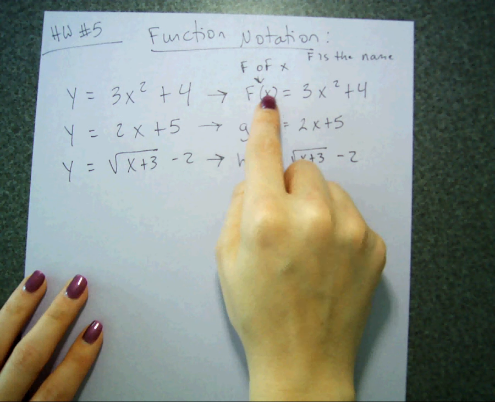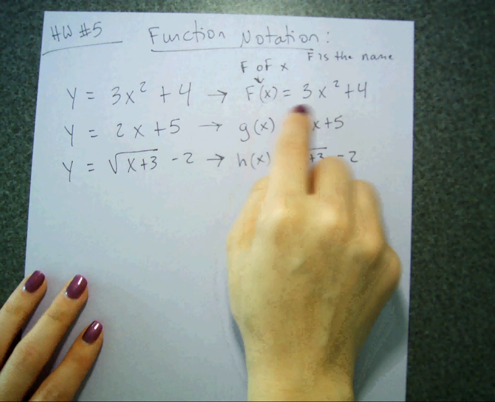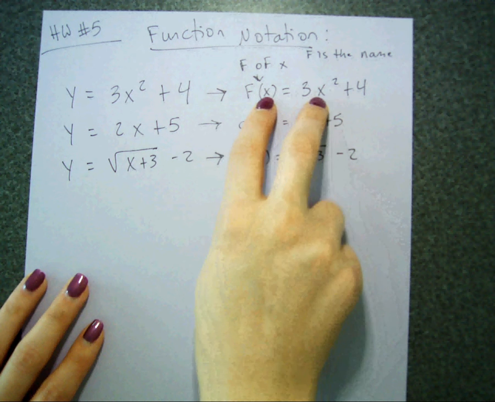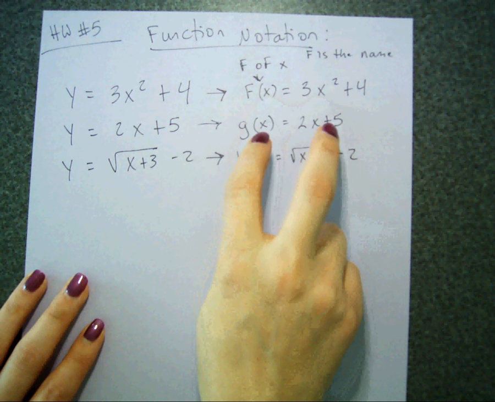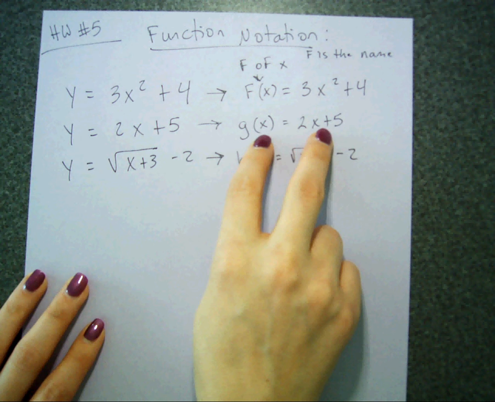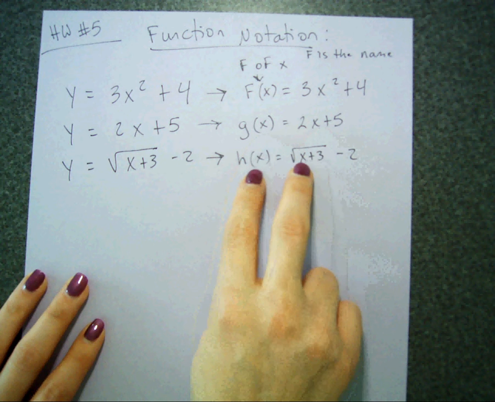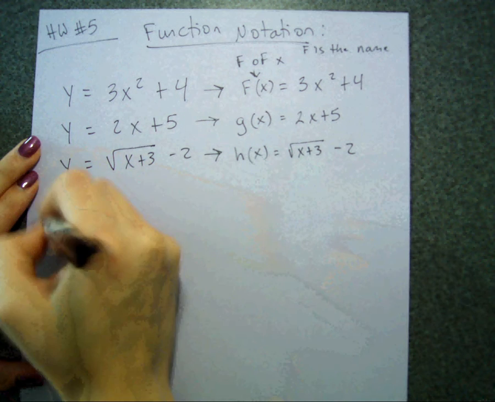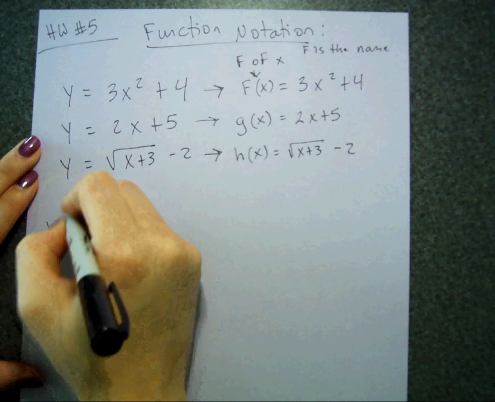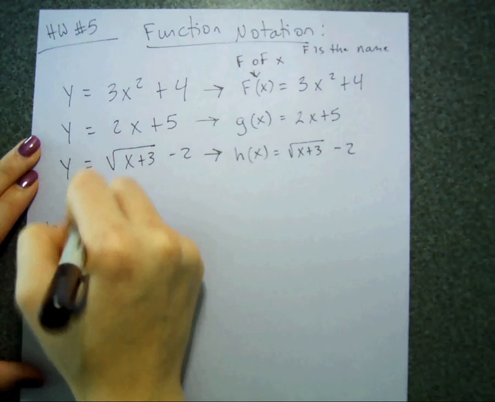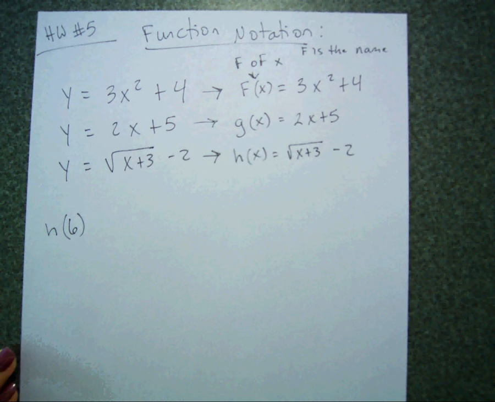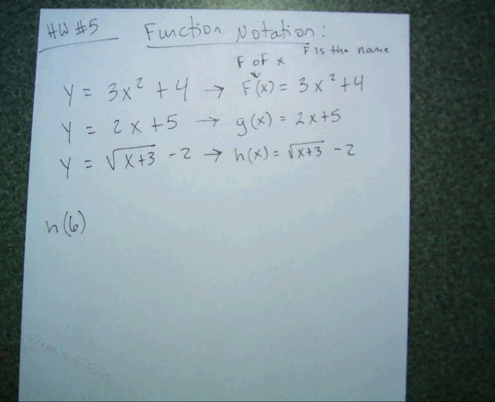Remember that the value inside the parentheses is what goes inside my actual function, right? I have x here, x is what's inside my function. I have x here, x is what's inside my function, and I have x here, x is what's inside my function. So if I ask you to do this, what function am I talking about? H, function H, right?